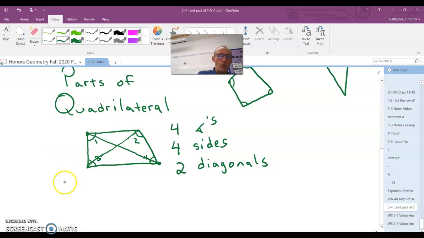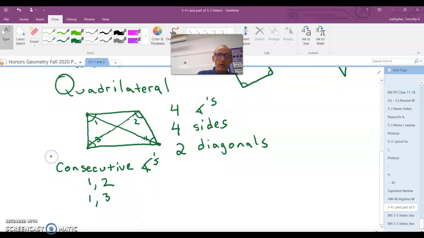Now, there's something called consecutive angles. Consecutive means in a row. So consecutive angles are 1 and 2, next to each other, 1 and 3, 2 and 4, and 3 and 4.